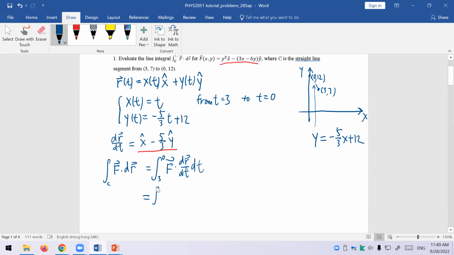So for f, the x component is y squared, which means this whole thing squared, minus 3x minus 6y. 3x means 3t, and this minus 6y is minus 6 times this whole thing.